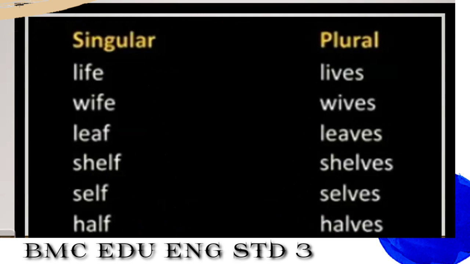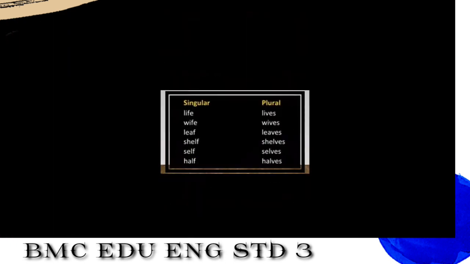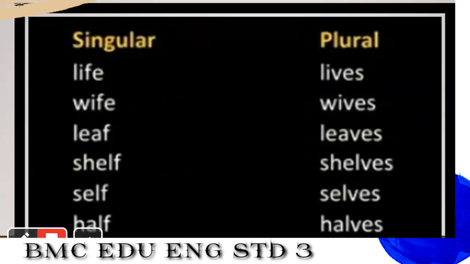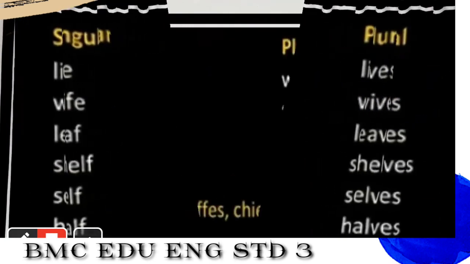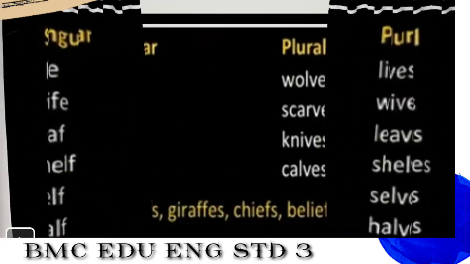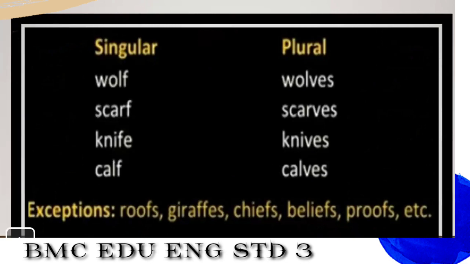So life, lives, wife, wives, leaf, leaves, shelf, shelves, half, halves. So these are the plural forms. Next, wolf, wolves.